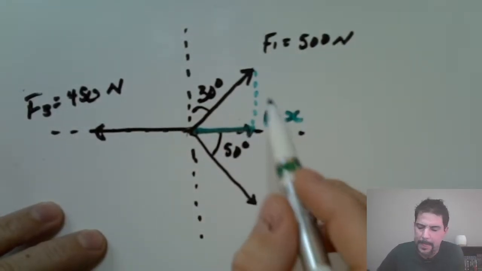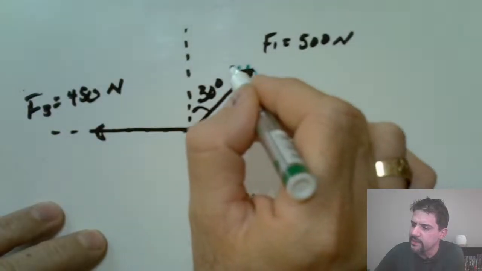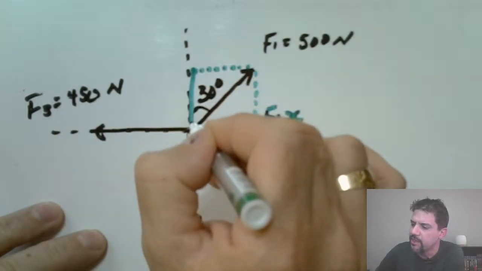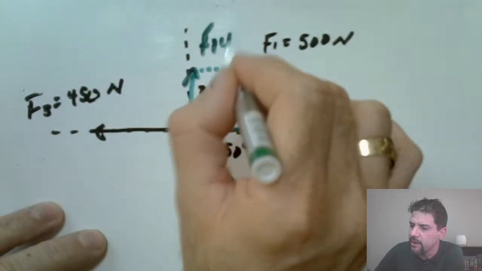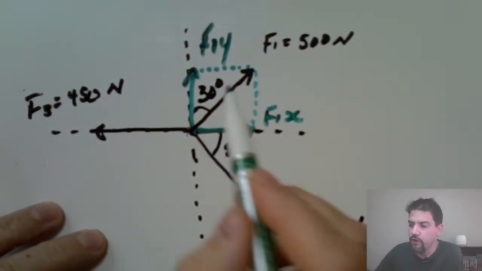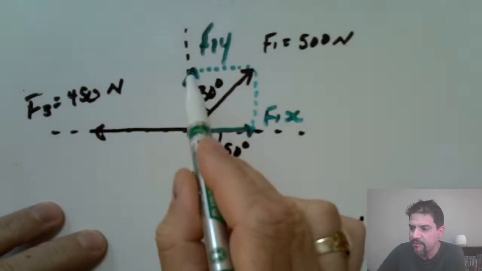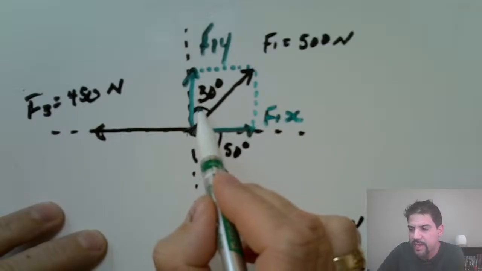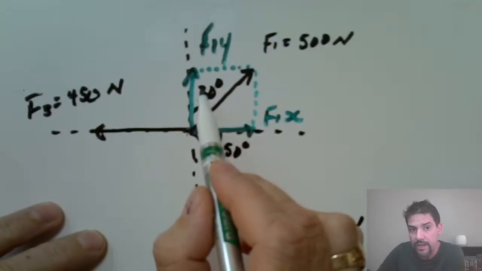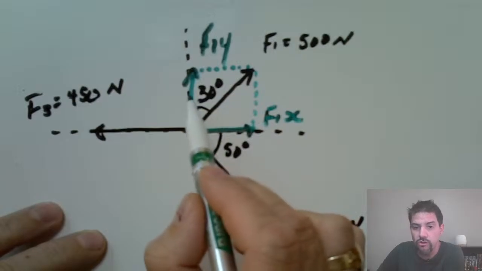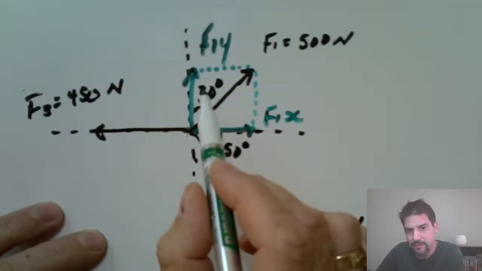If you take it to the y-axis in this direction here, you get that this one will be F1 in y. Now, from the drawing, you can see that F1 in y is next to the angle. So in this question, F1 in y is actually cos because it's the adjacent side.